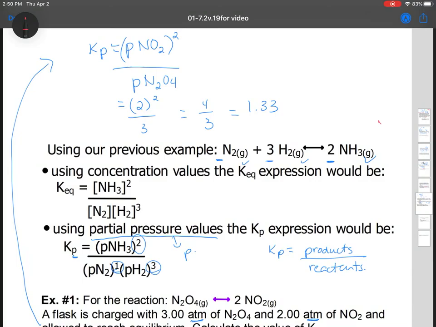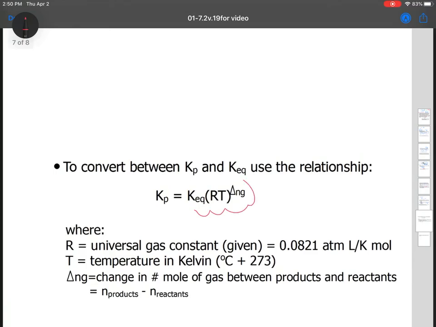Okay, so the other type of question we can do with partial pressure is converting between Kp and Keq. That's this formula here. Sometimes I refer to it as Kpeg, even though that's not a G, so that you remember that it's P and then EQ, it kind of looks like peg as opposed to the other way around. R is the universal gas constant, which is given. Again, that's from grade 11.